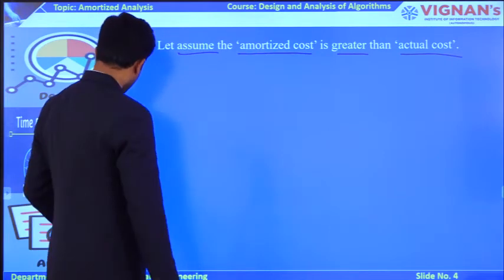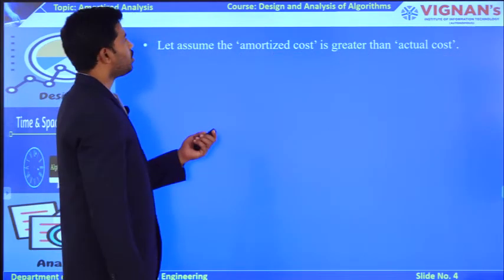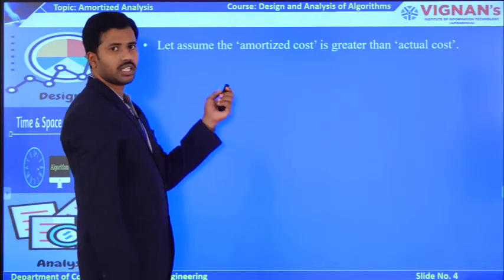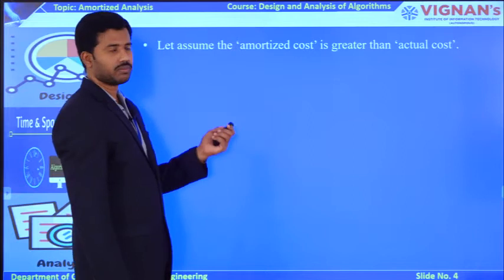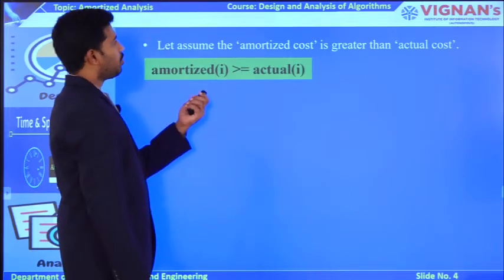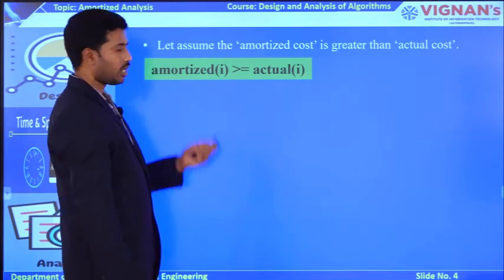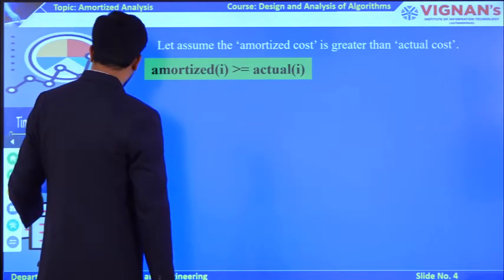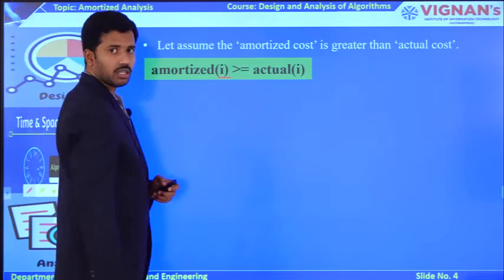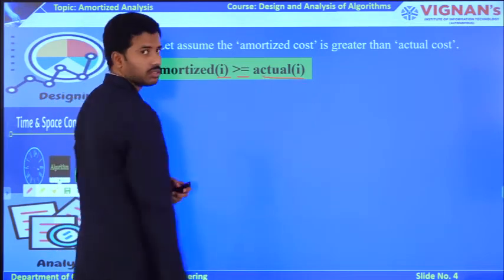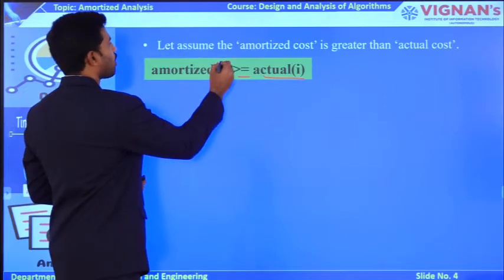So if I prove this statement, ultimately my analysis is going to be correct. Now you just assume, and try to observe how to convert this statement into a mathematical form. The statement will be converted into a mathematical form like this: amortized of I is greater than or equal to actual of I. What is meant by amortized of I?